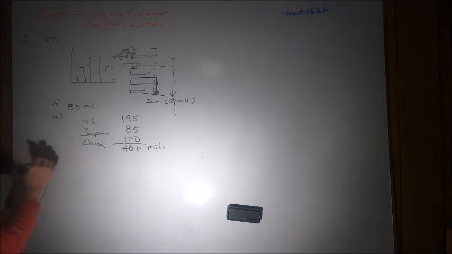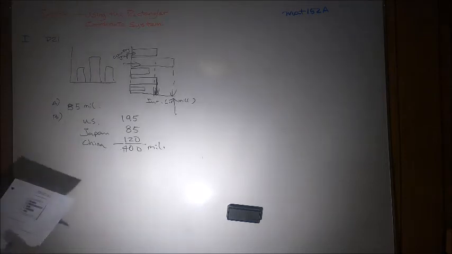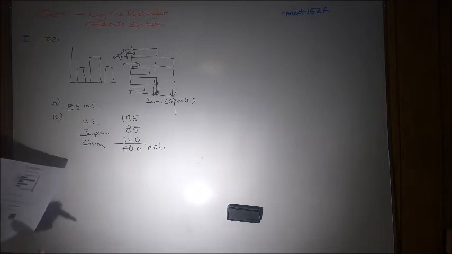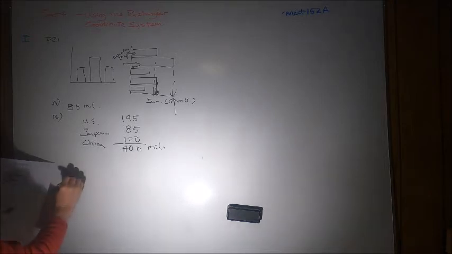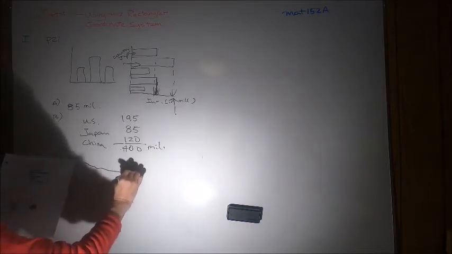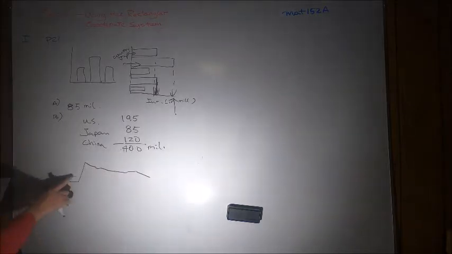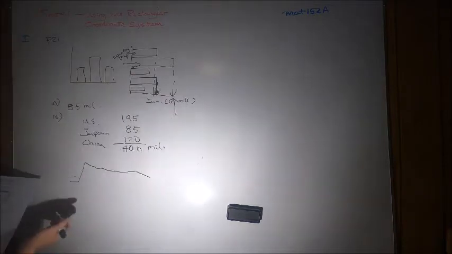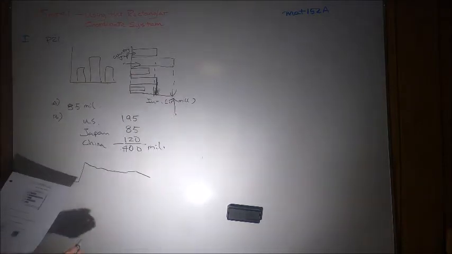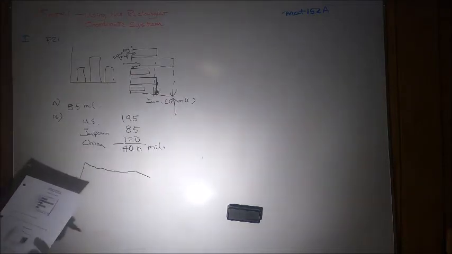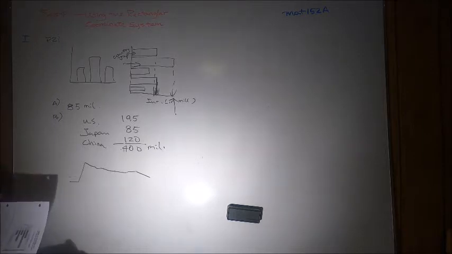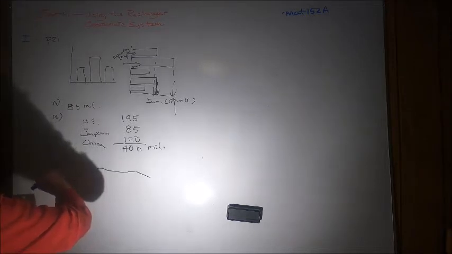And next, we have another graph. It looks like this. What kind of graph will you call that? Not the bars, so we call this one what? Line graphs. Okay, and the information given here says what?